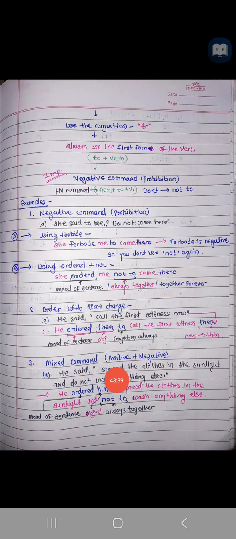Next, mixed command, positive plus negative. How do we make a sentence? He said, "Spread the clothes in the sunlight and do not wash anything else." First we see "spread the clothes in the sunlight". Why use "in" here, a preposition?